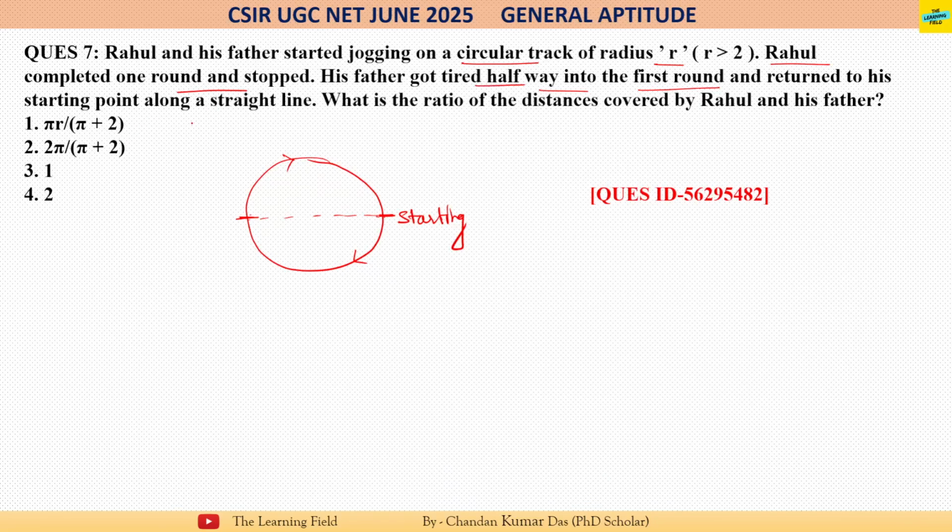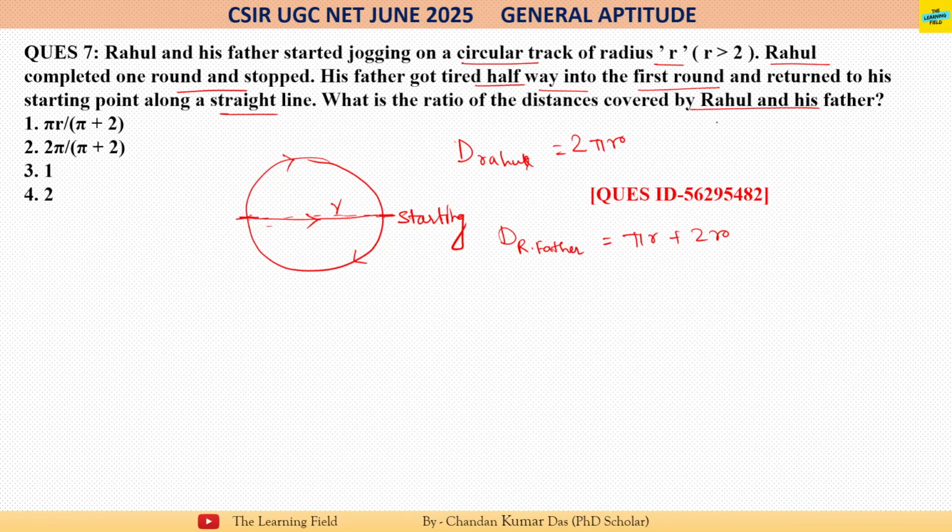Along a straight line. That means along the straight line. Fine. So what is the ratio of the distance covered by Rahul and his father? Rahul's distance means the total perimeter. If r is the radius of the circle, then the distance of Rahul is 2 pi r, and the distance of Rahul's father is half circle, pi r, plus this diameter, 2r.